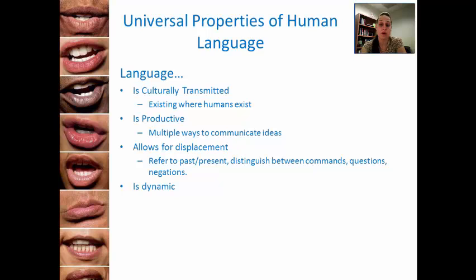The next universal property is that language is dynamic. And what that means is that the way that we speak now has not always been the way that we've spoken. And that's true for every language, right? Language changes over time. So we get new vocabulary. Some terms become sort of old-fashioned.